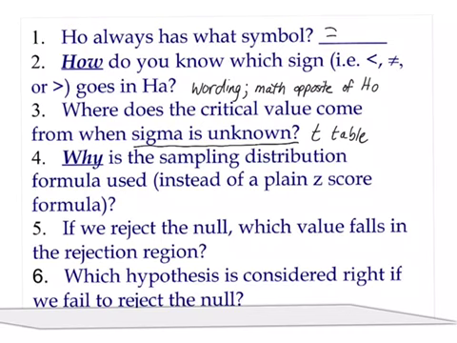Why do we use the sampling distribution? That's from before, where we have an n that is larger than 1 because we're measuring things in groups. If you reject the null, the calculated value falls in the rejection region. Which hypothesis is considered right if you fail to reject the null? The null is considered correct, so the hypothesis considered correct would be HO.